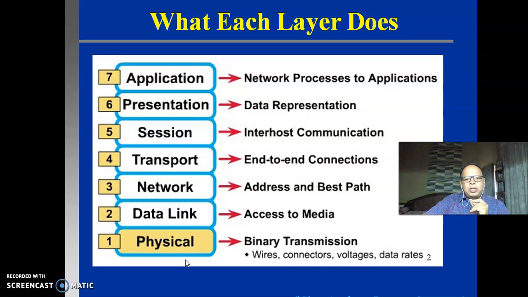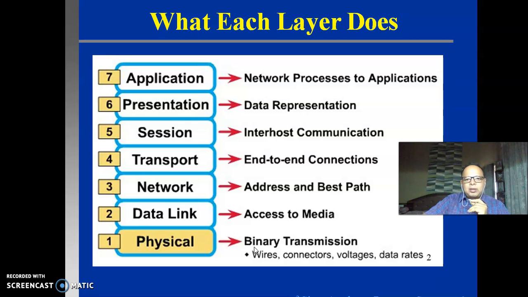This layer does the actual binary transmission. The specifications regarding the voltages per bit, the current levels, the data rates, the signal to noise ratio, everything is handled by the physical layer, because it is just responsible for the binary transmission.